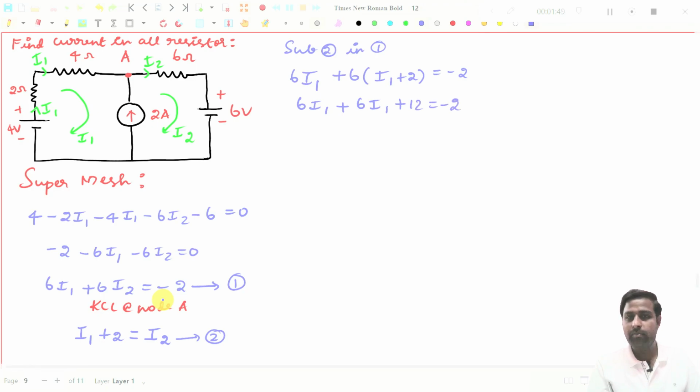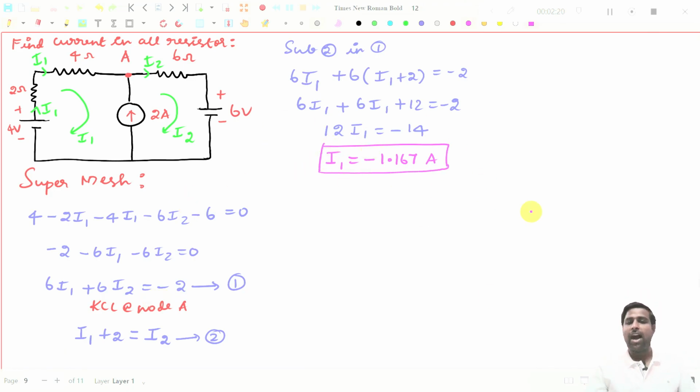So this becomes 12 I1 equal to, if this plus 12 goes to the other side, minus 14. So I1 will be equal to minus 14 by 12, which is minus 1.167 amperes. If you simplify you will get this answer, right. So this is the I1 value.